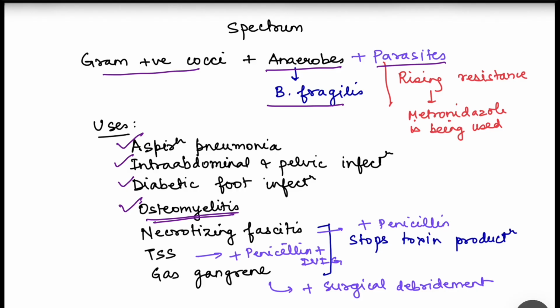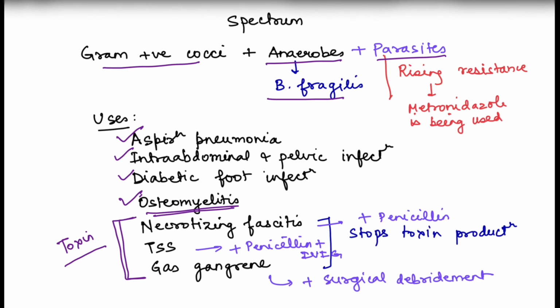Then it also has uses in case of necrotizing fasciitis, toxic shock syndrome and gas gangrene. Well, these are caused by gram-positive bacteria, and their pathophysiology is mainly because of the toxin which is being released. Necrotizing fasciitis and toxic shock syndrome are caused by the release of toxins from staph and streptococcus.